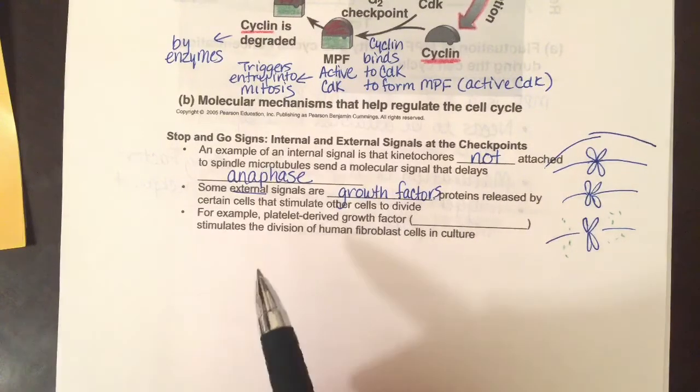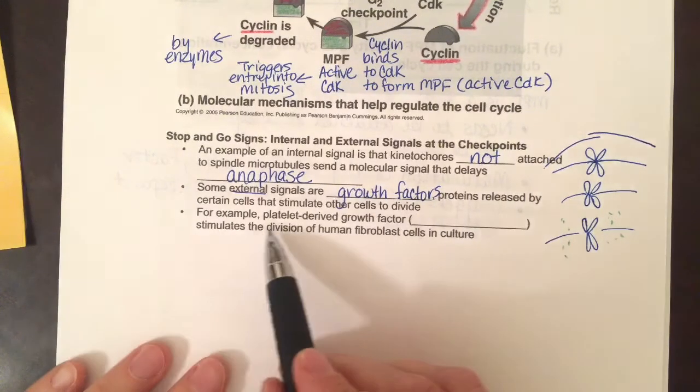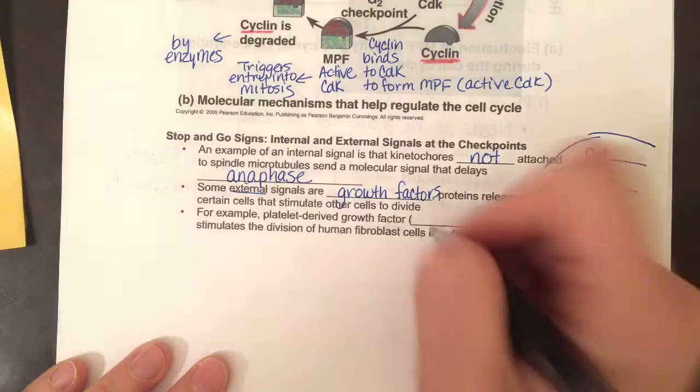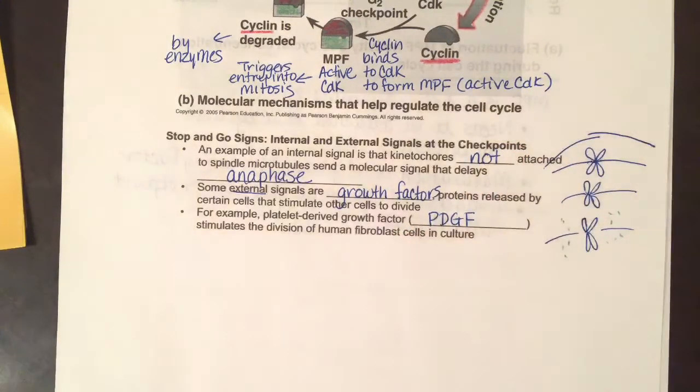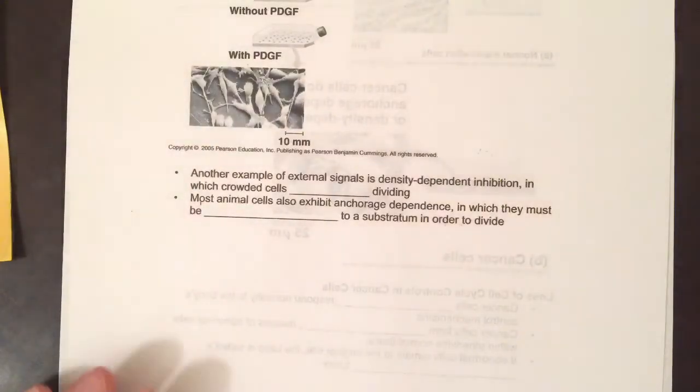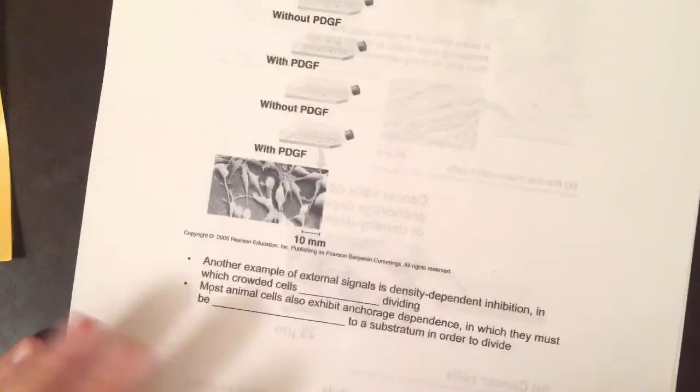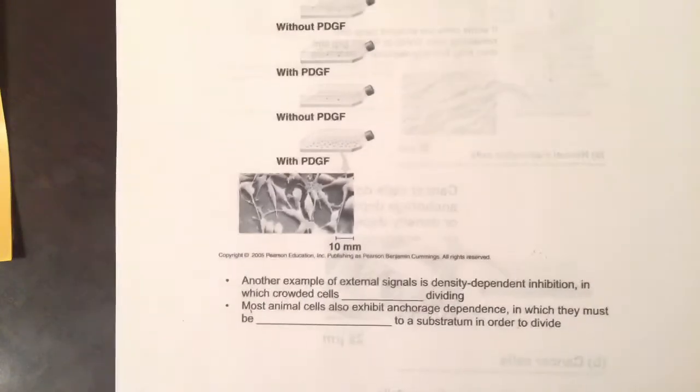So let's give a specific example. For example, platelet-derived growth factor, or PDGF, stimulates the division of human fibroblast cells in culture. This has been found to be a factor that's released by one cell that communicates with another cell to trigger it to divide.